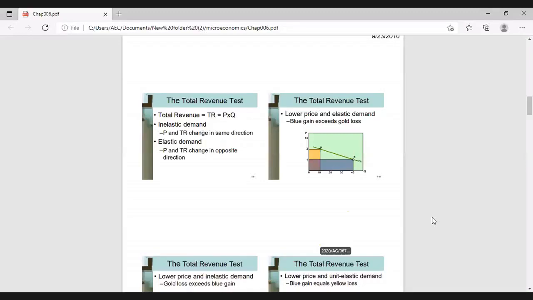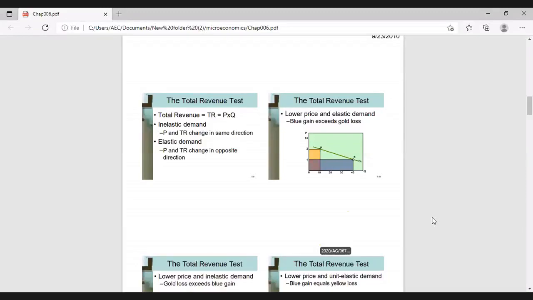So when the price increases, total revenue decreases, because for a price increase, we respond relatively large.